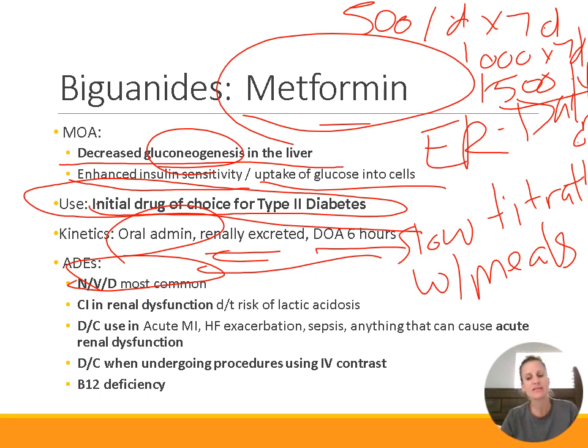If you're giving the immediate release formulation, you'll normally start with 500 milligrams twice a day for 7 days, and then increase that up to 1,000 milligrams in the morning and 500 at night, and you still increase by 500 milligrams a week.